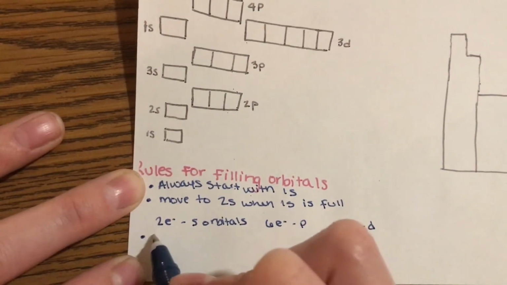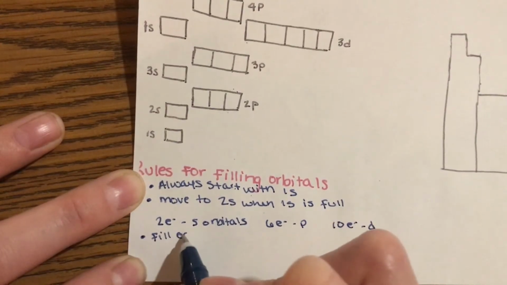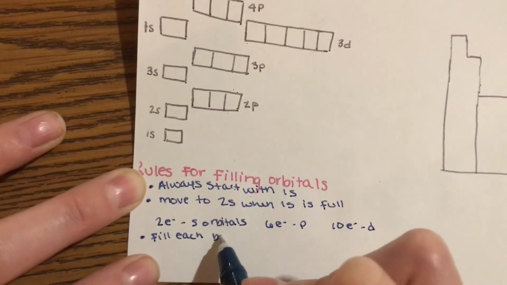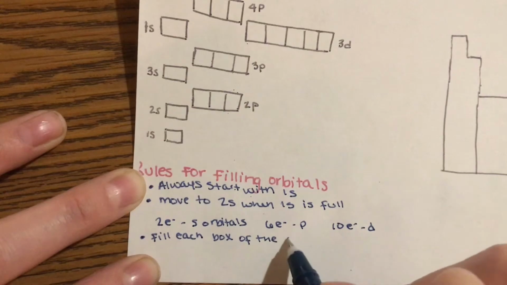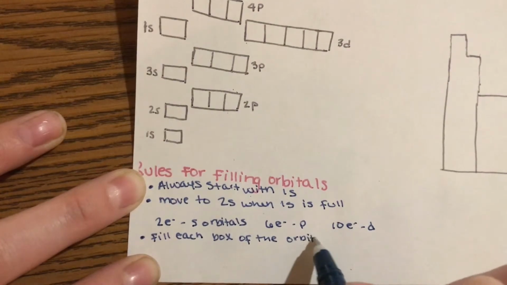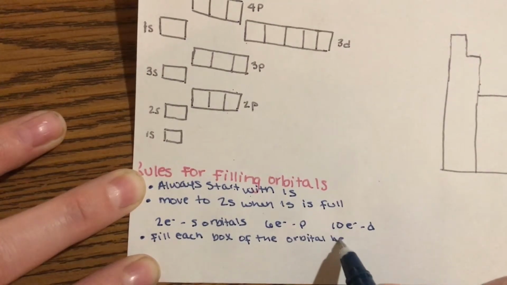If you remember, they fill each box of the orbital before doubling up.